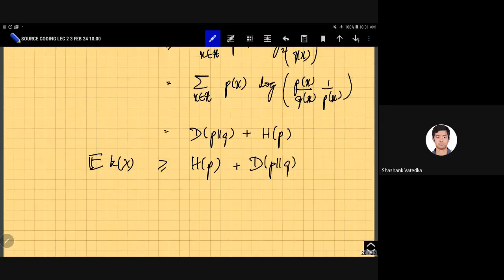H of p is zero only if p is the trivial, deterministic distribution, and D(p||q) is always greater than zero unless p and q are equal for all x. So as long as q is different from p, this is strictly greater than H of p. This is the penalty you have to pay if you design your code according to Q when the true distribution is actually P.